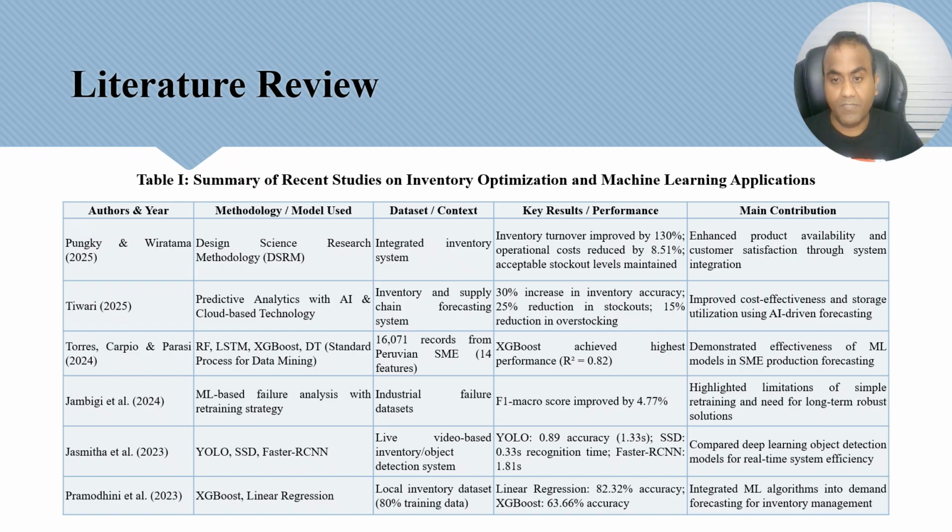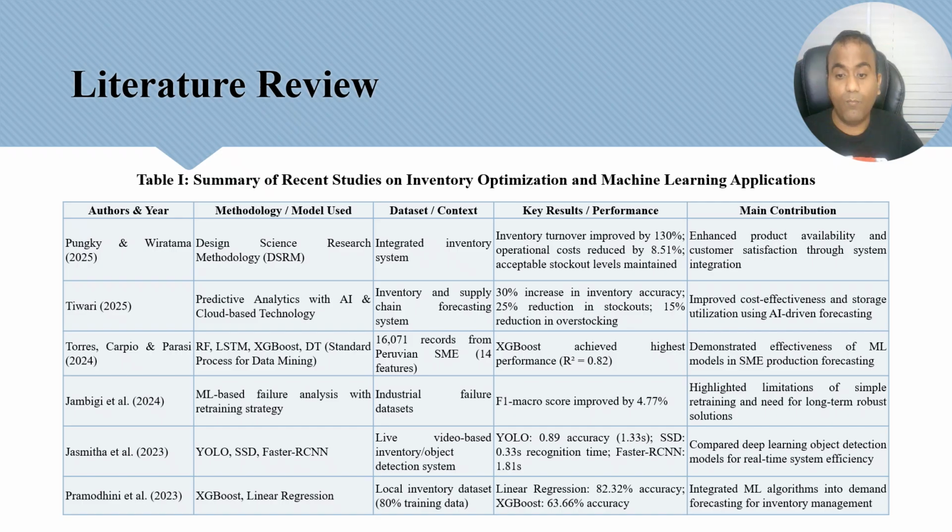The performance they achieved is, for example, inventory turnover improved by 130% for DSRM, 30% increase in inventory accuracy, 25% reduction in stockouts, and 15% reduction in overstocking, which is a waste in lean principles, so it reduces that waste. If you see the predictive analytics with AI and cloud-based technology, XGBoost has achieved the highest performance with R square, which measures actual versus plan.